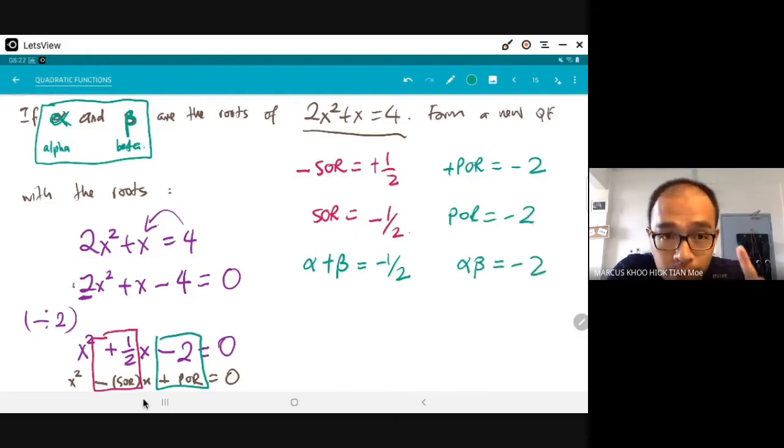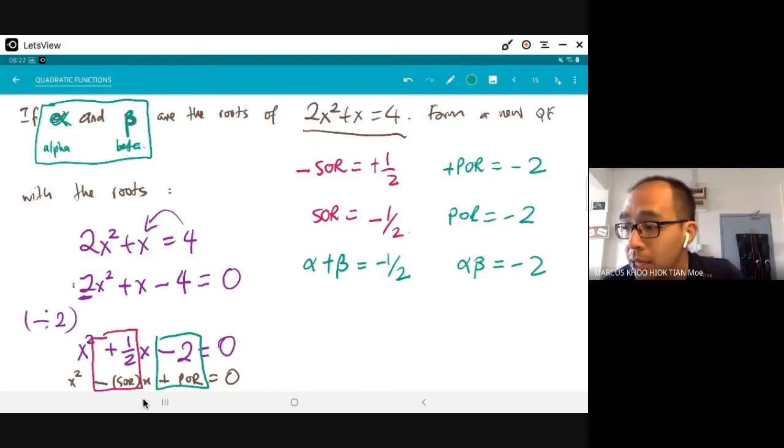So this is the first thing we have to do. We have to identify what alpha plus beta is and what alpha beta is. We take it from the quadratic equation that is given.